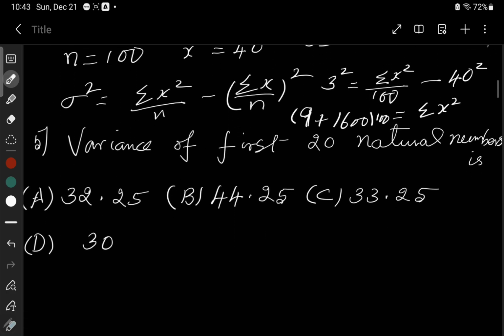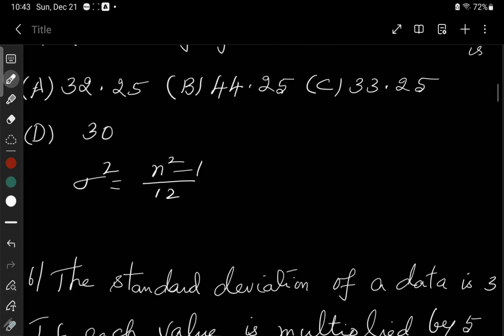Next is the variance of the first 20 natural numbers. For the first 20 natural numbers, we know the standard deviation sigma is the square root of n squared minus 1 by 12. To remove the square root, we write sigma squared, the variance.